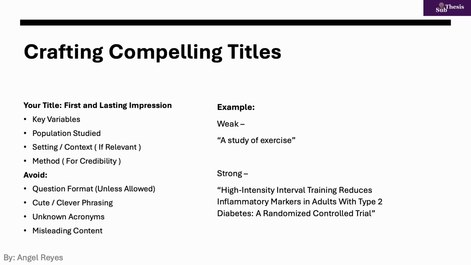It has keywords for searchability, specific outcomes for interest, and method for credibility. Avoid questions in titles unless your journal explicitly allows them. Skip cute or clever unless your field appreciates it. And please, no acronyms unless universally known in your field.